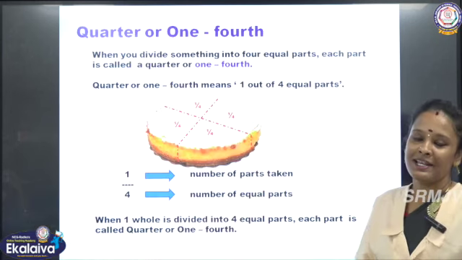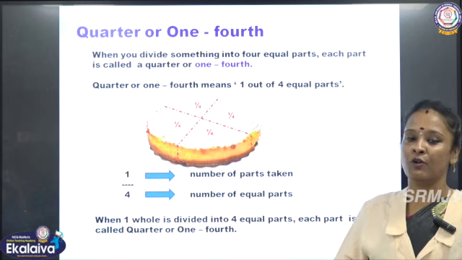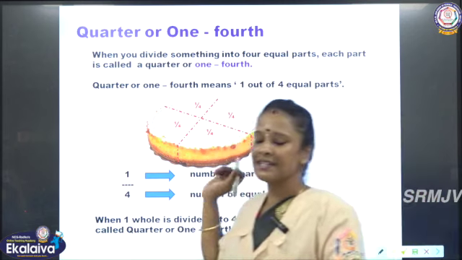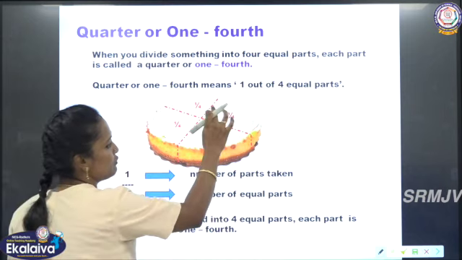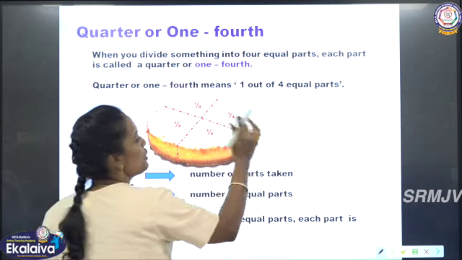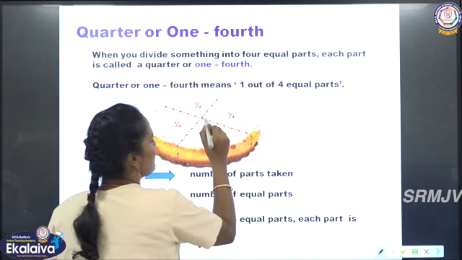Quarter. When you divide something into 4 equal parts, each part is called 1/4 or a quarter. Look at this cake. This cake has been divided into 4 equal parts.